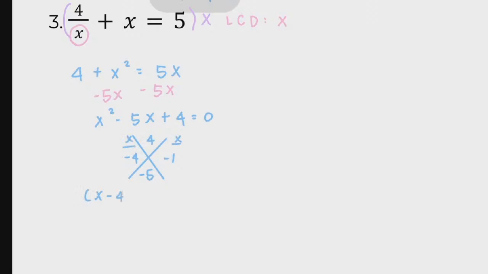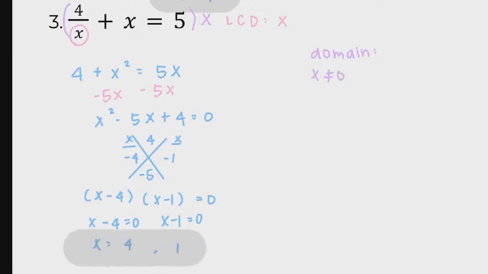So we have (x minus 4) times (x minus 1) equals 0. We're going to set each one equal to 0, and we get x equals 4 and 1. For the domain, we have x can't equal 0. So that means both of these solutions work.